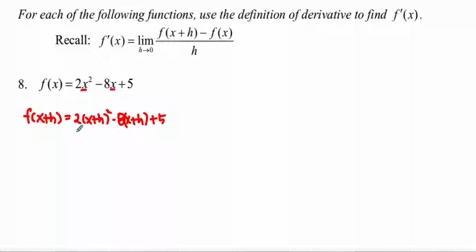Now, if I were to expand this one, x plus h squared can be expressed as x squared plus 2xh plus h squared. I'll memorize this one because it's a rather popular expression. Minus 8x and then minus 8h plus 5.